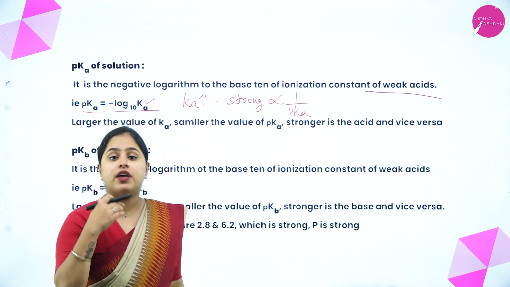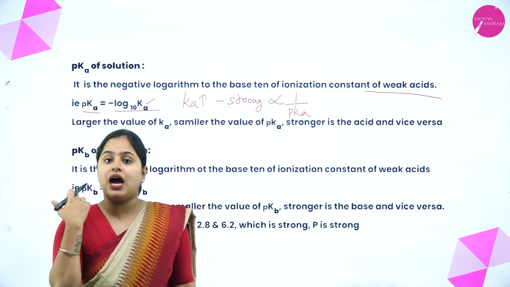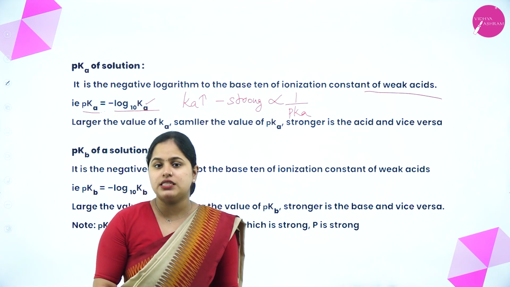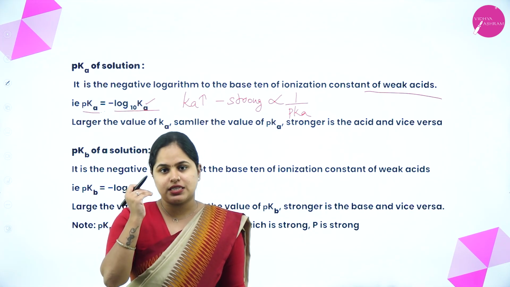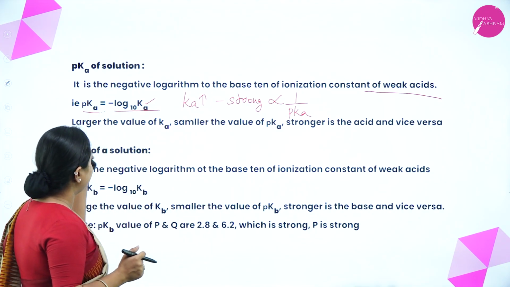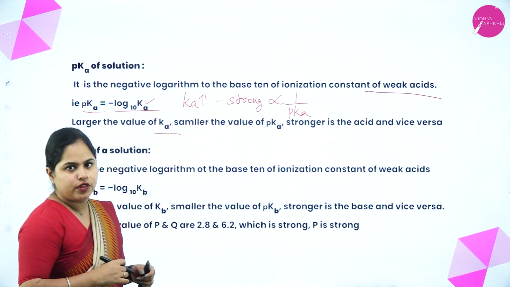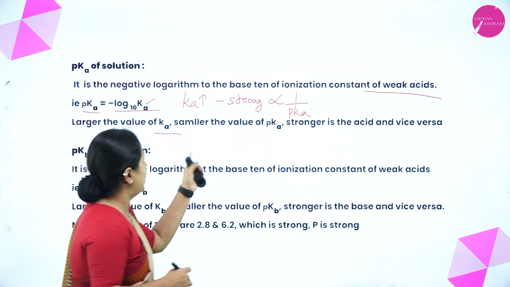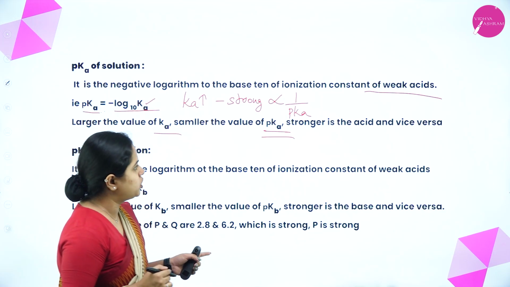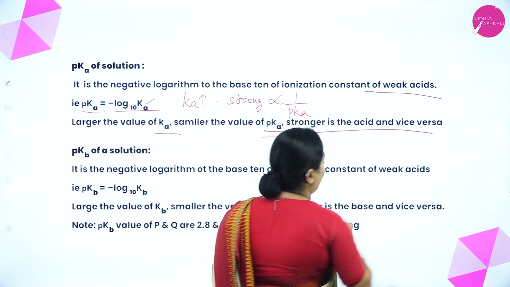So if the value of Ka is very high, that means the acid is very strong, and if the value of pKa is very low, we can say that the strength of the acid is very high. So it is inversely proportional. You can see here, the larger the value of Ka, the smaller will be the value of pKa. They are inversely proportional, and stronger will be the acid.